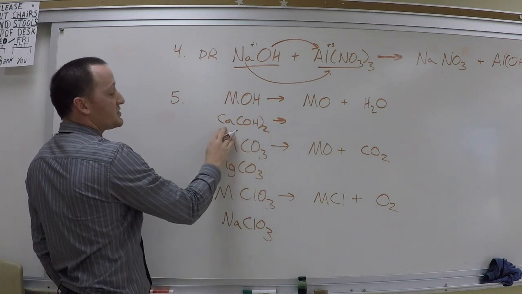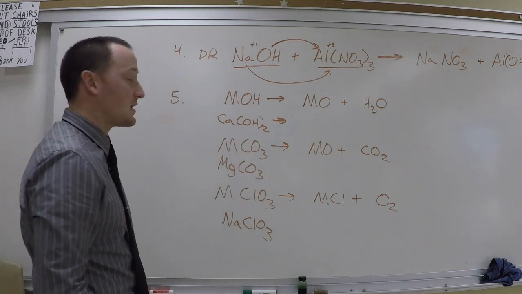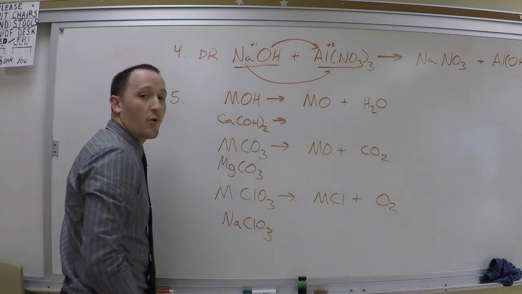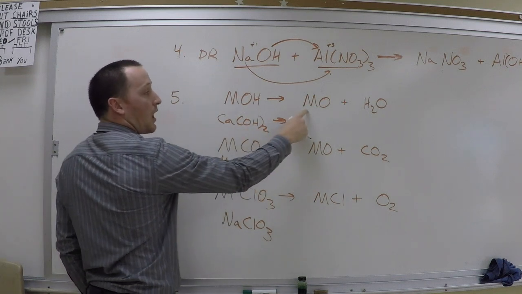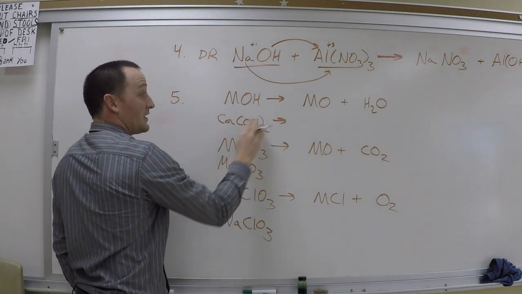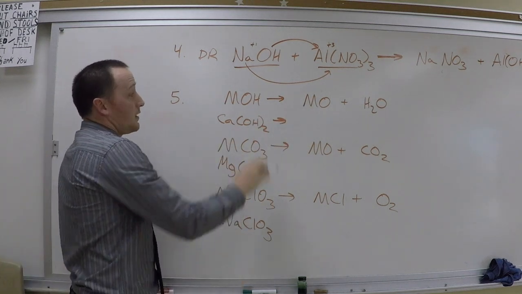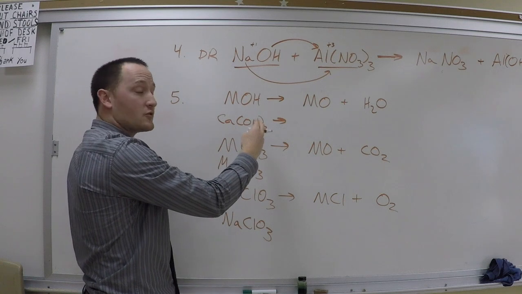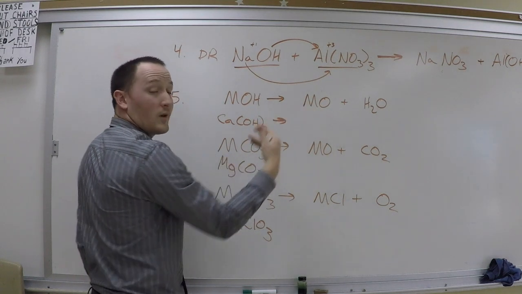So anytime you see a metal with a hydroxide, it's always going to follow this formula. Meaning, it's always going to break apart into the metal oxide. So again, these are things you're going to have to memorize. The metal hydroxide is going to break apart into the metal oxide. So what is the metal?